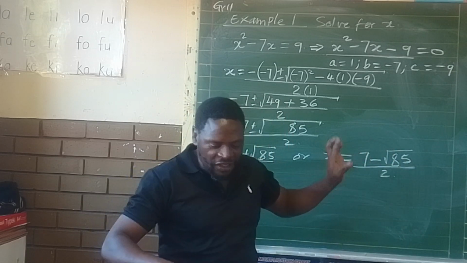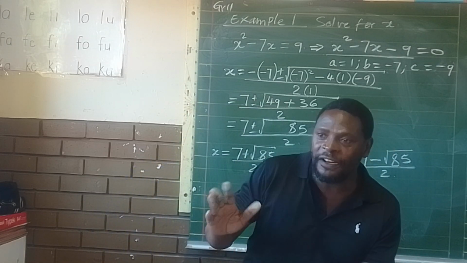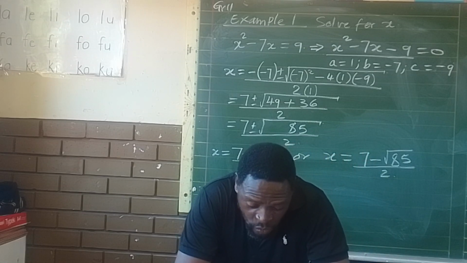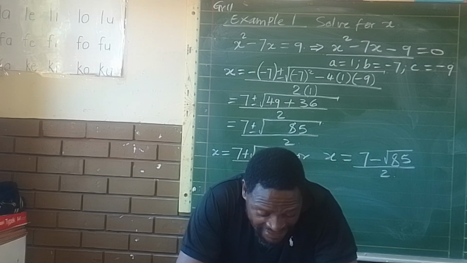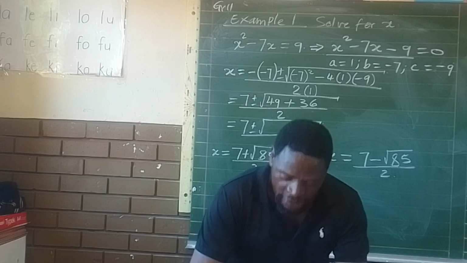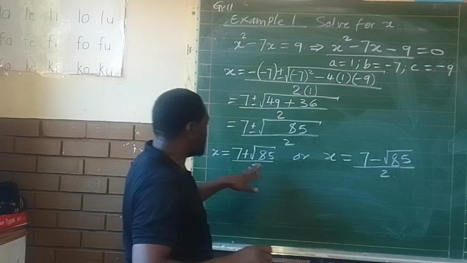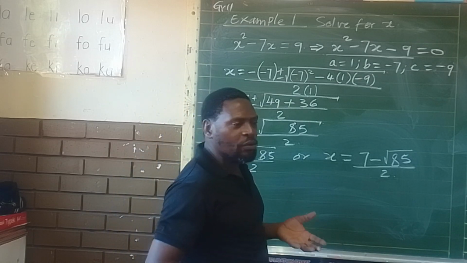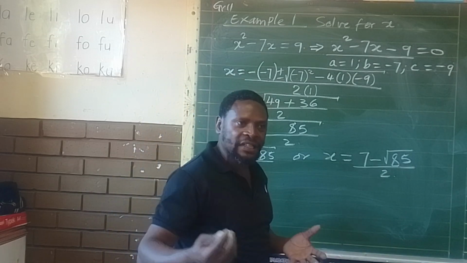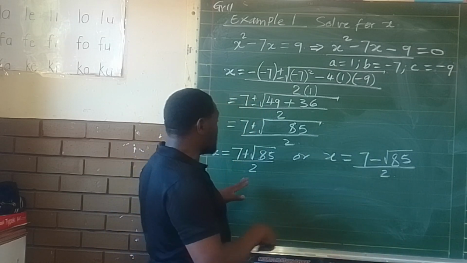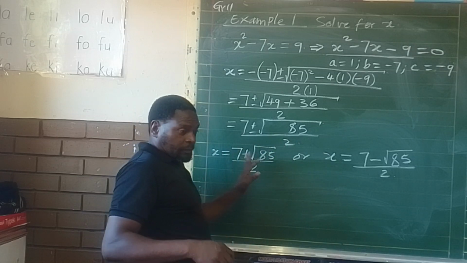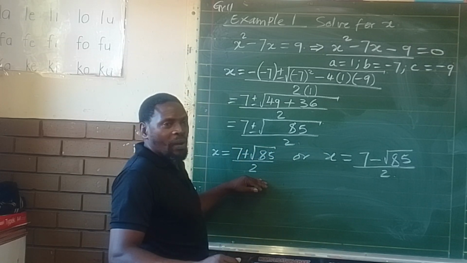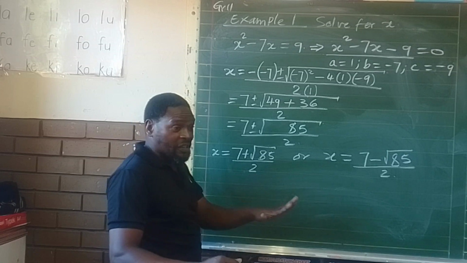If the question comes, they tell you everything. Here we are told to leave your answer in surd form. That means you don't do anything, you leave it like this. But in the exam room or in the test, you will be told to leave your answer in 1, 2 or 3 decimal places.